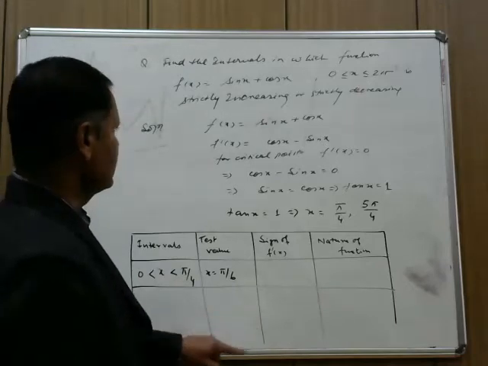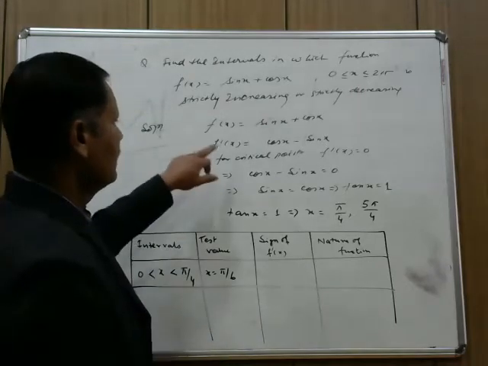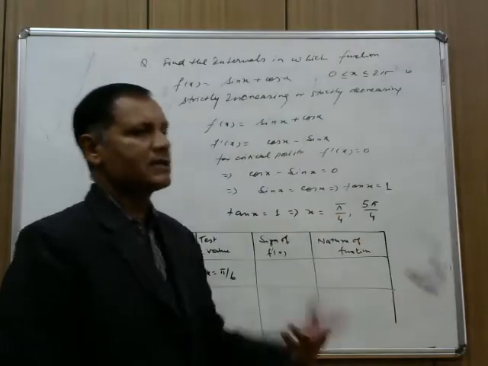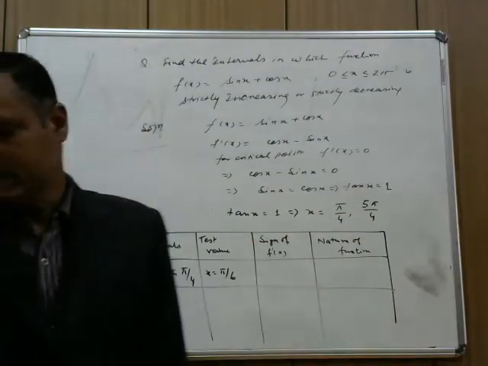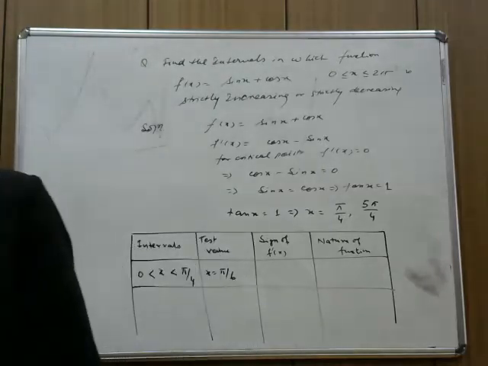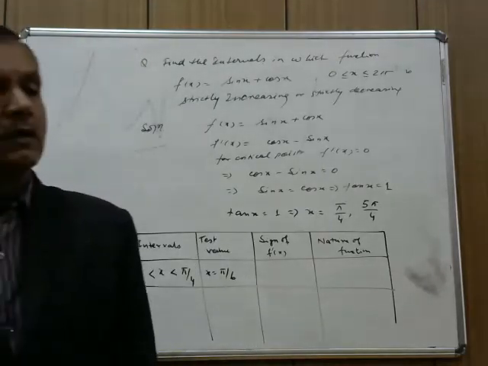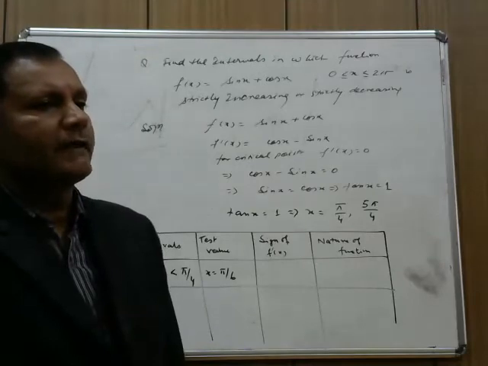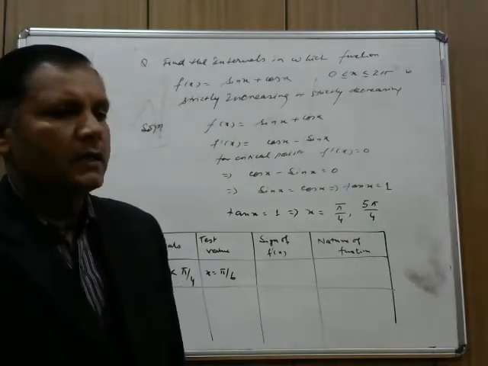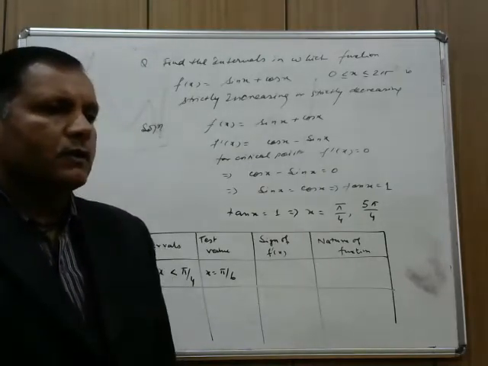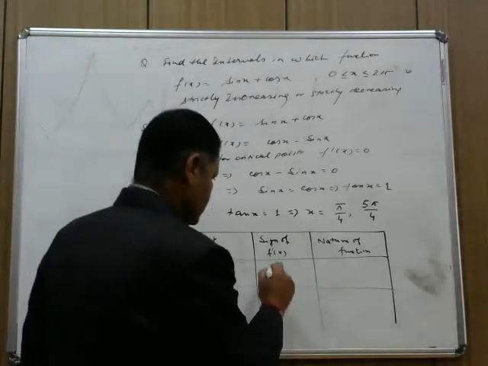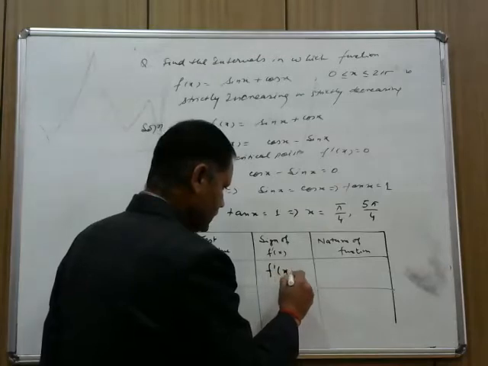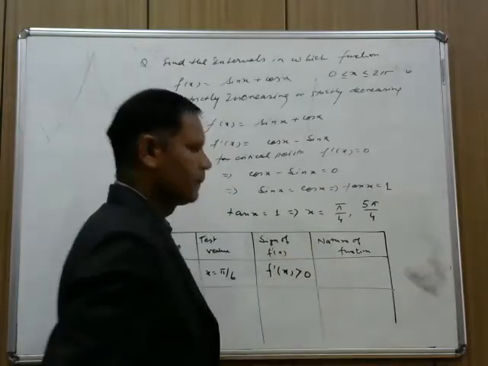Now at pi by 6, f dash of x is equal to cos x minus sin x. So cos pi by 6 minus sin pi by 6 will be what? Under root 3 by 2 minus 1 by 2, which gives you under root 3 minus 1 by 2. That means positive. Sign of f dash of x will be positive, f dash of x will be greater than 0.